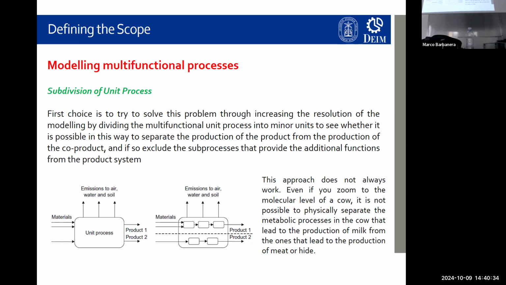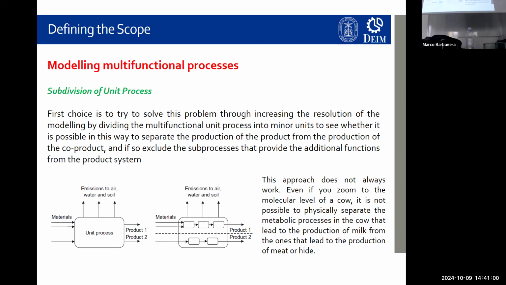This secondary product is considered a byproduct when it has an economic value. If this secondary product doesn't have an economic value, it should be considered a waste, not a byproduct. Okay, this is the main difference.